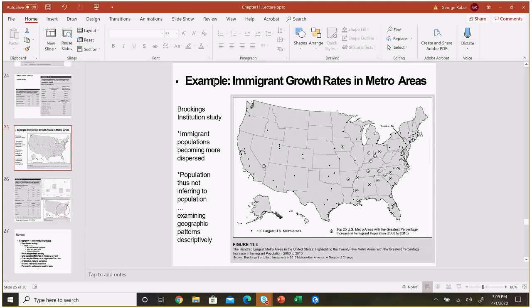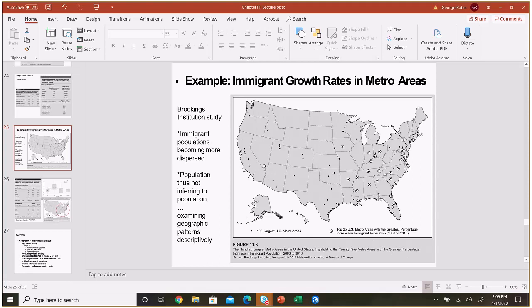But all right, so the last example here is looking at immigrant populations, and what we're looking at here is, are the immigrant populations in different regions similar, or are they different? In other words, are there more immigrants in the South than the West or the Northeast?